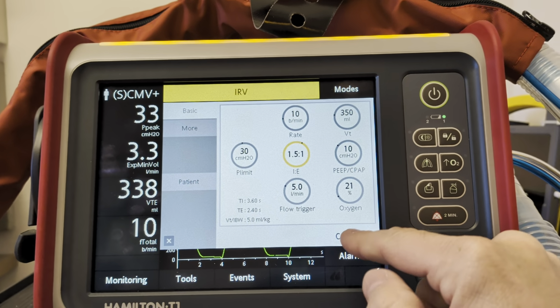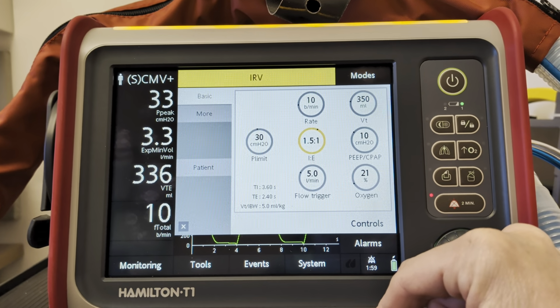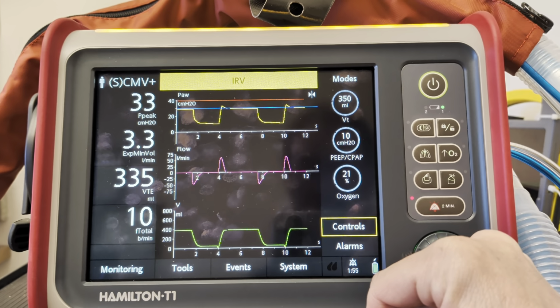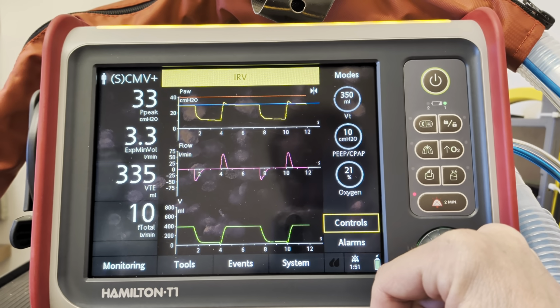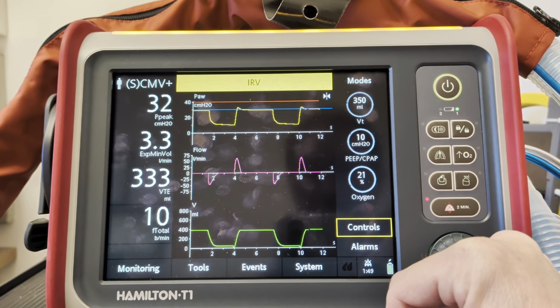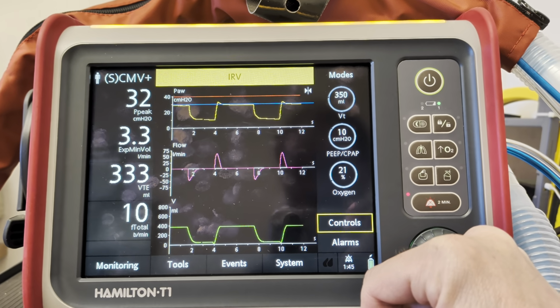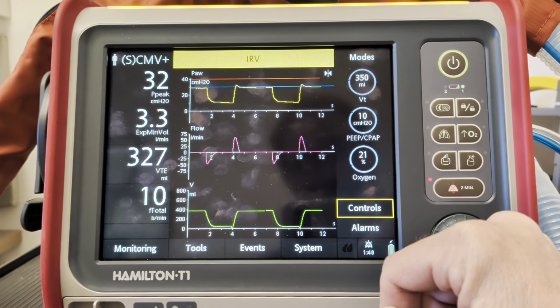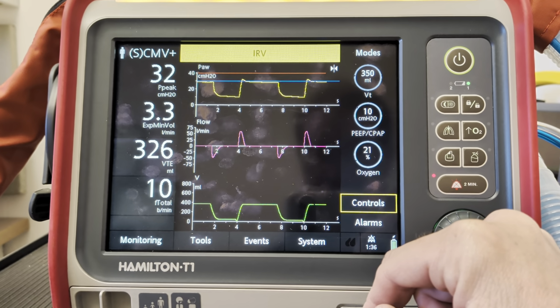And so I can oxygenate my patient, and that's going to come perhaps at the risk of not being able to ventilate or manage carbon dioxide as effectively. So inverse ratio ventilation does come with its risks, but it is certainly a mechanism we can use to increase the mean airway pressure. All right.